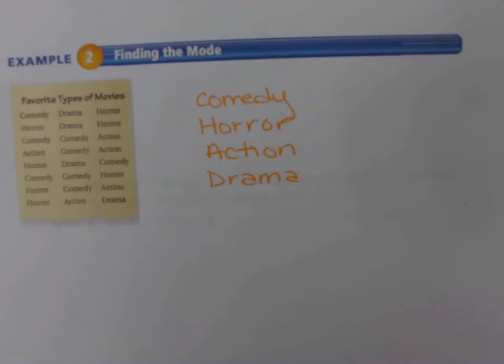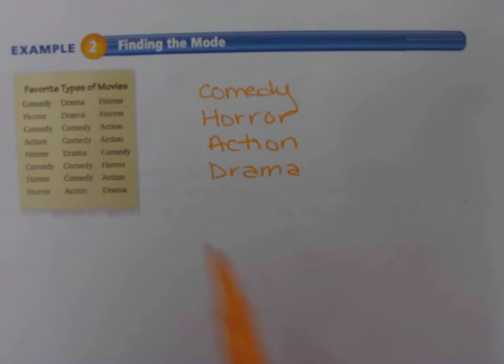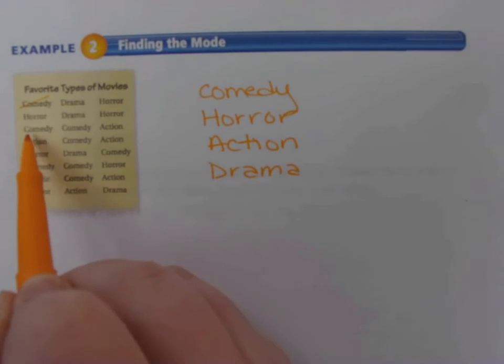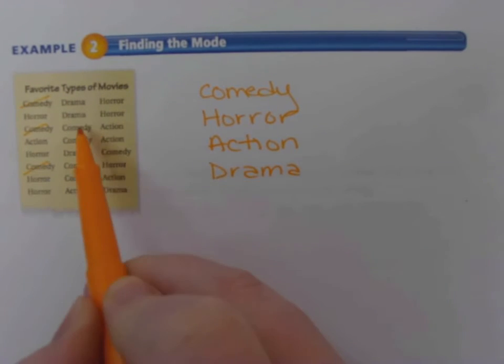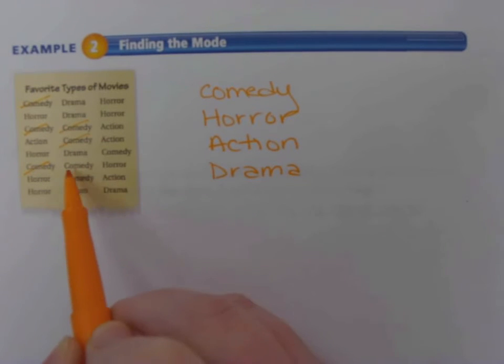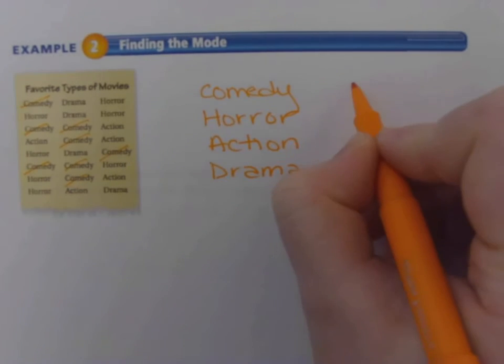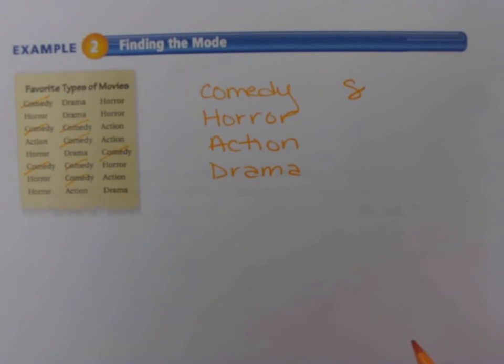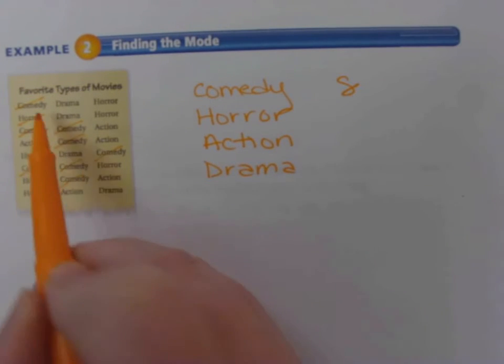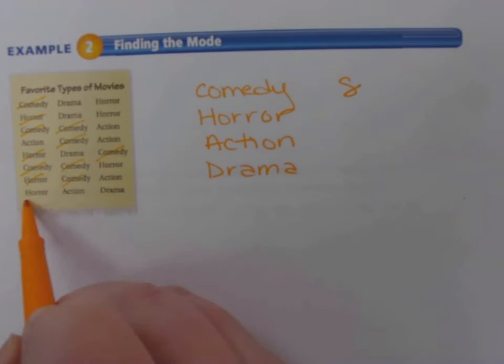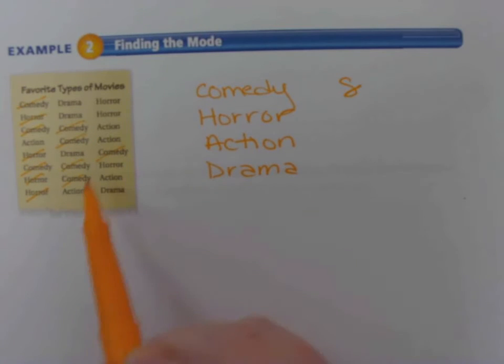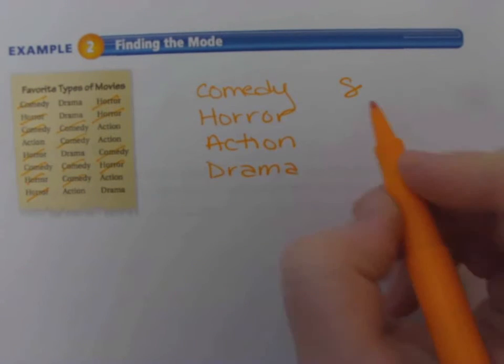So I'm going to count how many I have for each one. For comedy, I have 1, 2, 3, 4, 5, 6, 7, 8. So I have 8 comedy. Horror, I have 1, 2, 3, 4, 5, 6, 7.